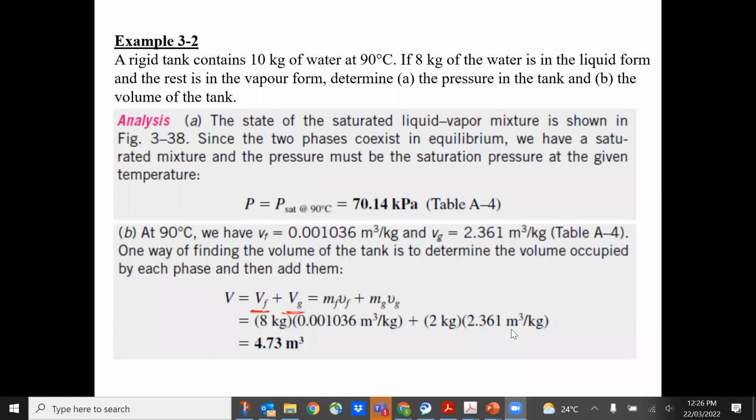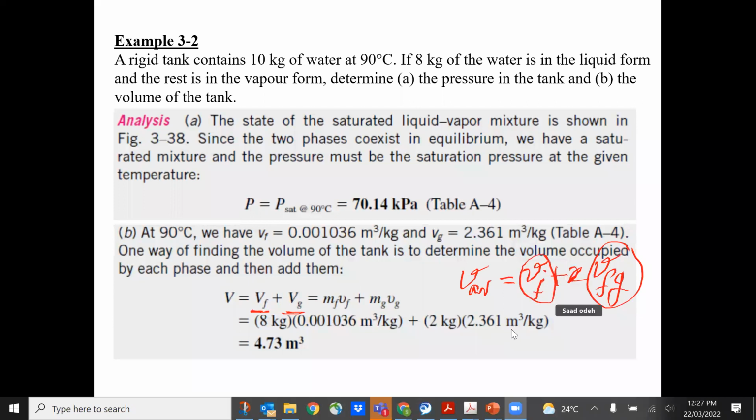You remember we said V average is equal to VF plus X VFG, right? So we can get VFG from tables at 90 Celsius, and we can get VF from tables as well at 90 Celsius.